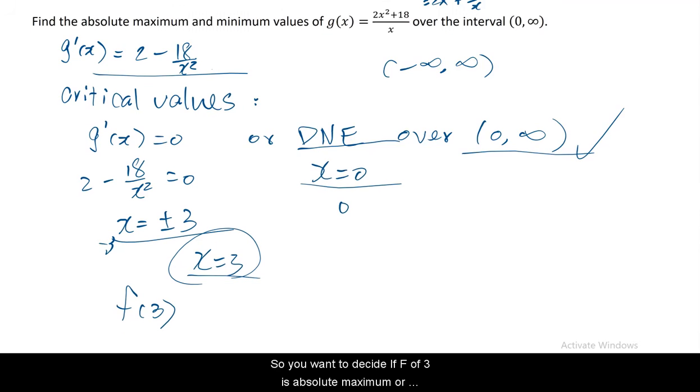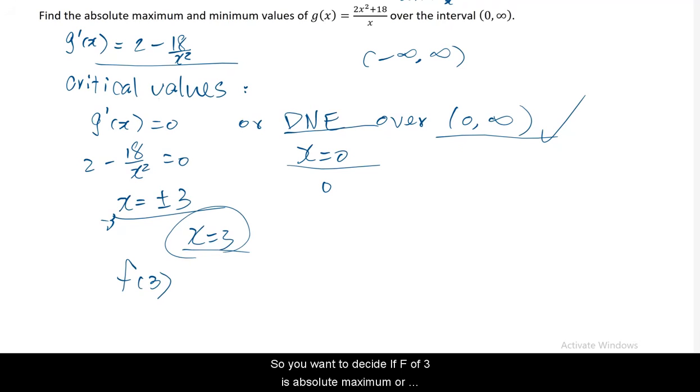So we want to decide if f of 3 is absolute maximum or absolute minimum. How do we decide that? Excuse me, g of 3, not f of 3. Is g of 3 the absolute maximum or absolute minimum?